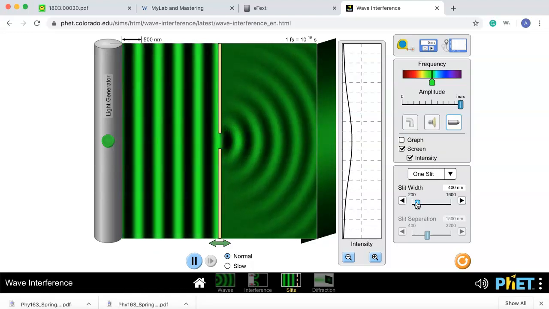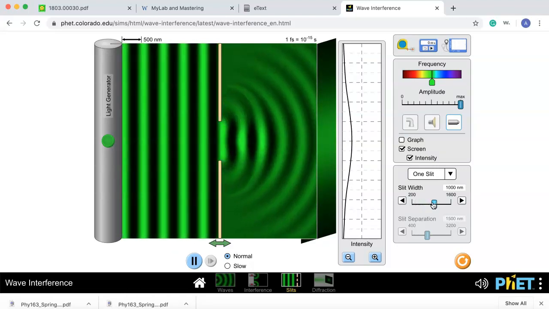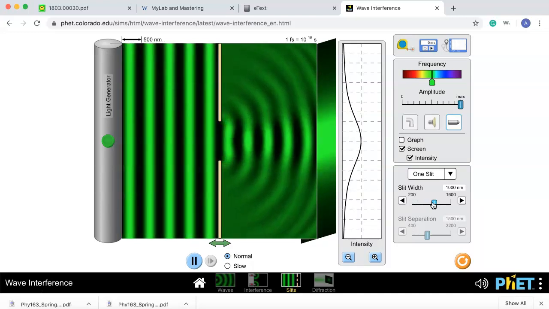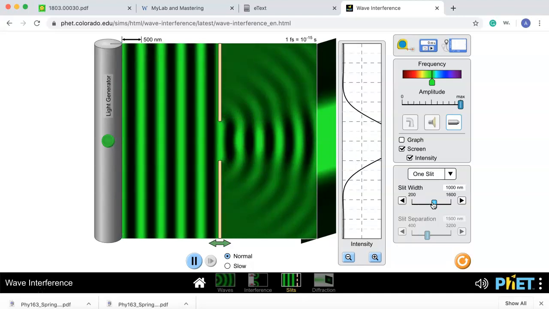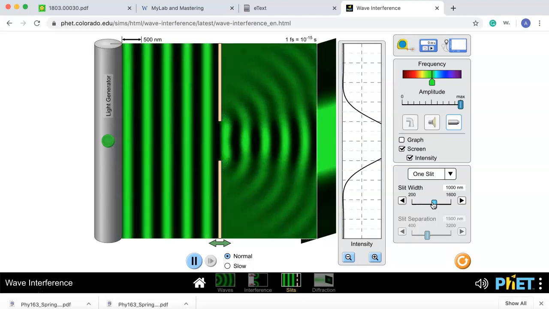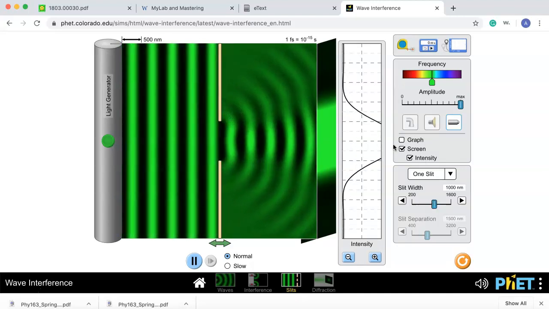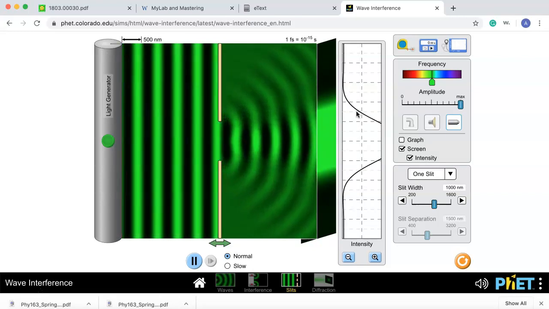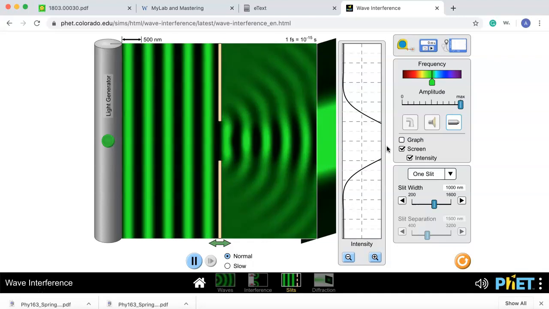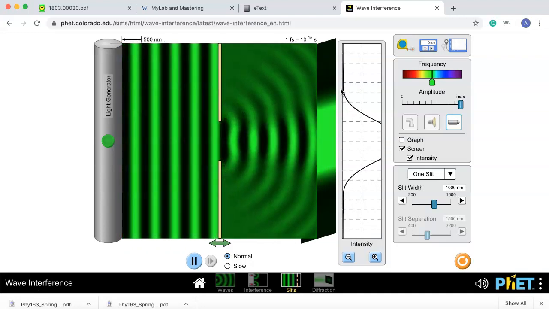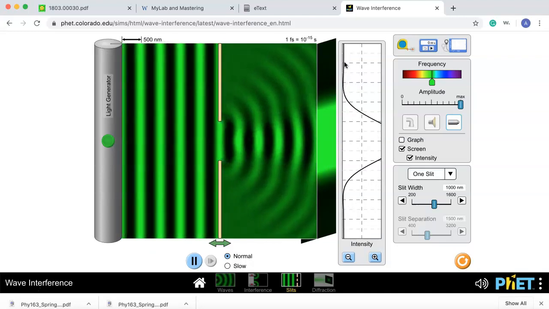But let's say we increase the width. So something interesting happens, right? We already see some signs of a non-monotonic behavior. We have this bright central peak here, but it seems this comes down and goes up a little bit.